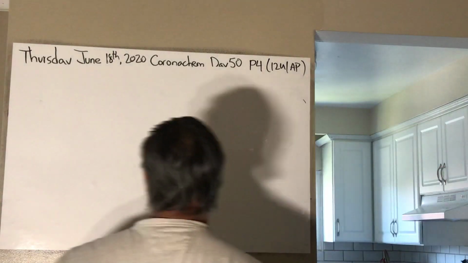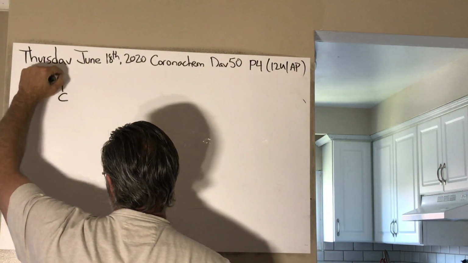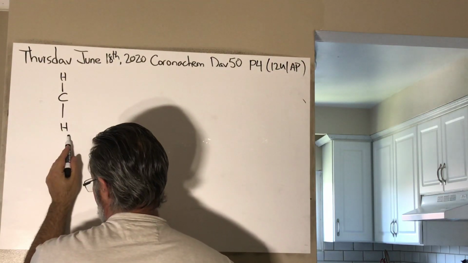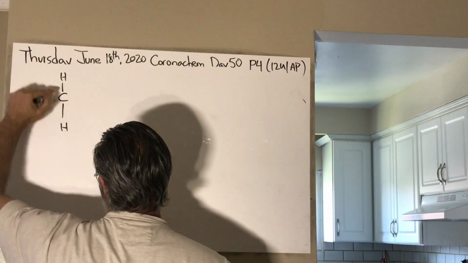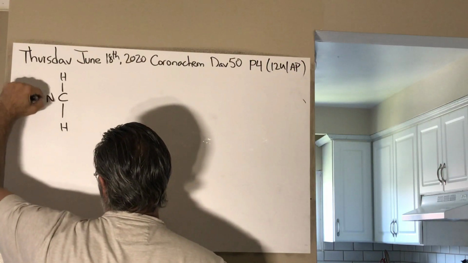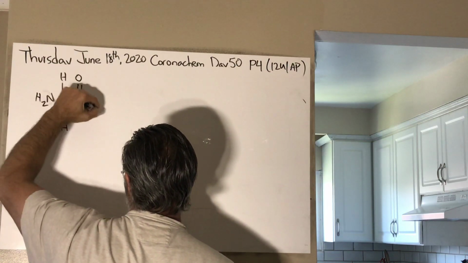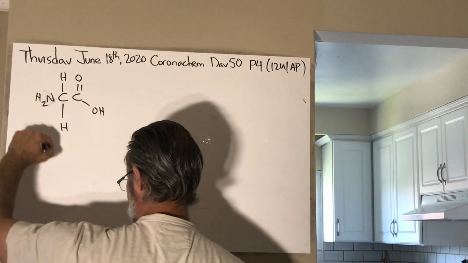In biochemistry, if you want to draw an amino acid, it's always like this. You have a hydrogen connected to a carbon, then the simplest one has another hydrogen, that's called glycine, and then on one side you have a nitrogen group, and on the other side you have a carbonyl group with a carboxylic acid. So this would be glycine.